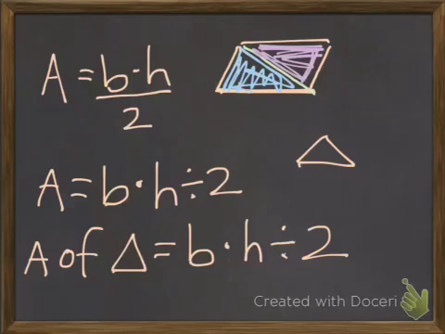I really want you to understand where we get the formula for triangle. You can just memorize it and just have it always in your brain, base times height divided by 2, but it's really important to understand that it's because it's half of this parallelogram, or it's half of a square, or it's half of a rectangle. That's where we get the divided by 2 part.